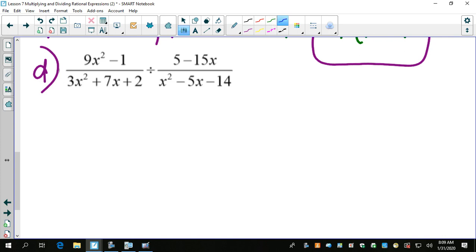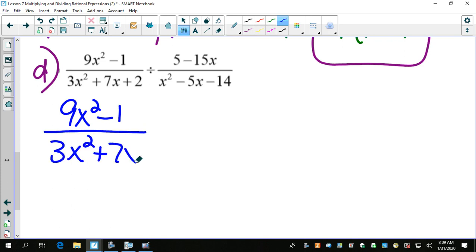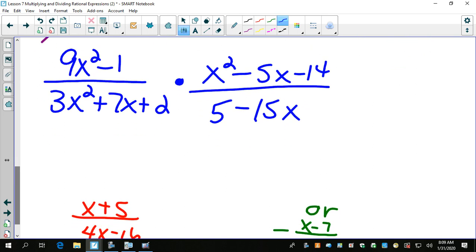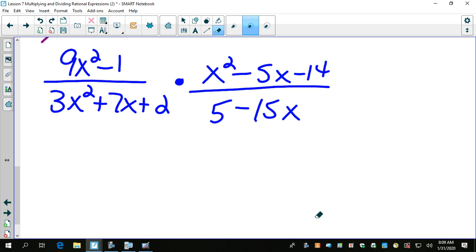How do I, oh no, do you want me to flip first? I usually factor and flip at the same time, but since we're new at this, don't forget to flip and change the sign to multiplication. All right. Help me.